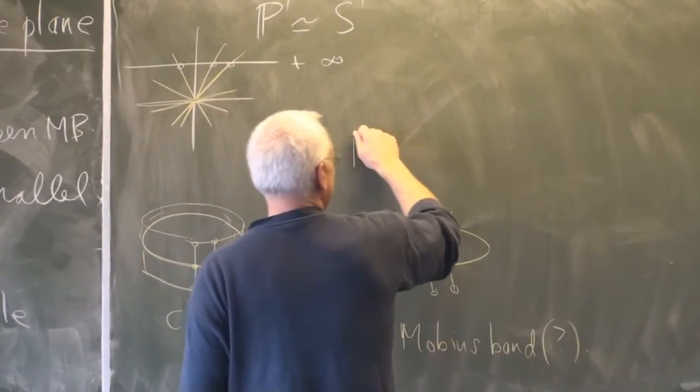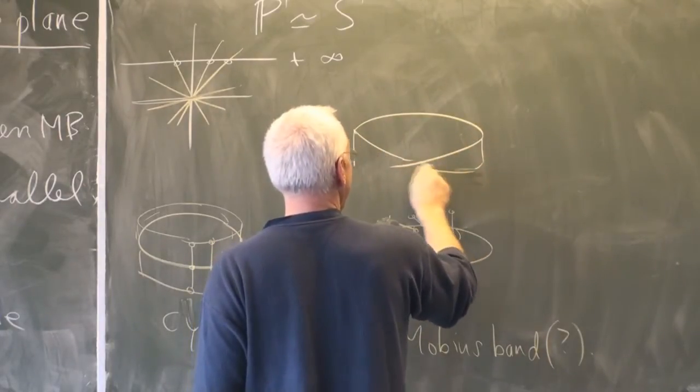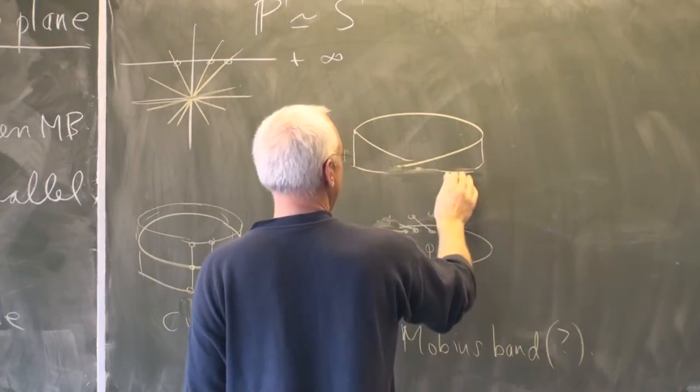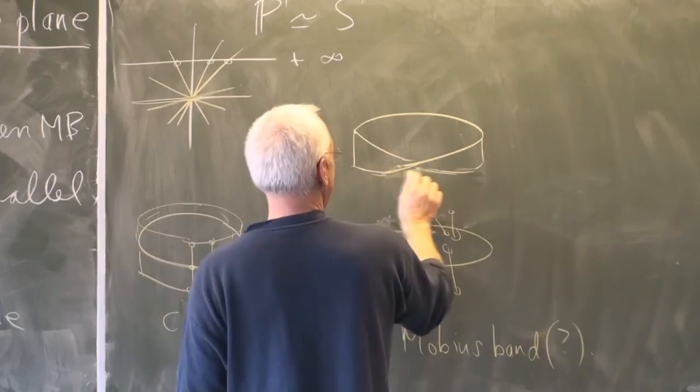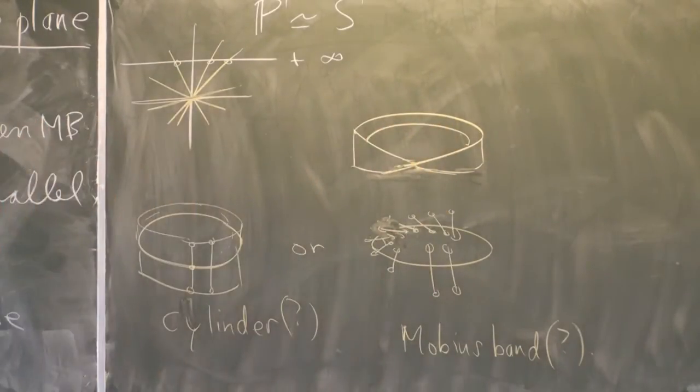So here's our Mobius band drawn a little bit nicer. We have to ask ourselves, is there a property that the Mobius band has that the cylinder doesn't have? How can we tell these things apart topologically? One nice way of telling the cylinder apart from the Mobius band is using the idea of genus.